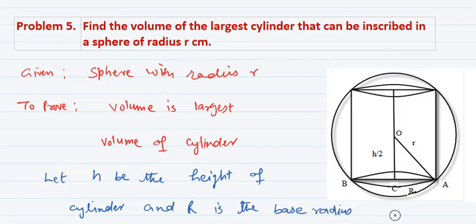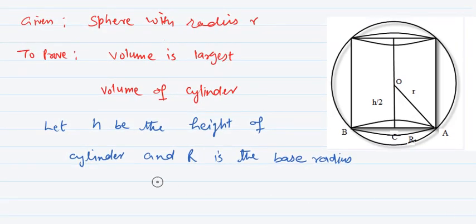We can say CA is equal to capital R and CM is equal to H. O is the midpoint of MC, and we have taken MC as H. So what is OC? OC will be H by 2, which implies OC is equal to H upon 2. Okay. Now OA is the radius of the sphere. So we have written small r over here because the radius of the sphere is given to us as small r, and here CA is equal to capital R.